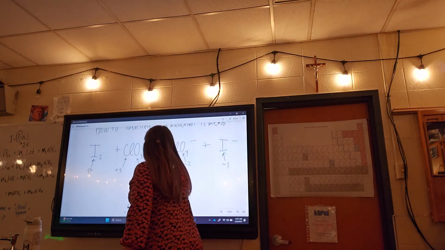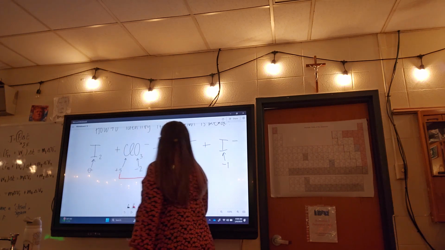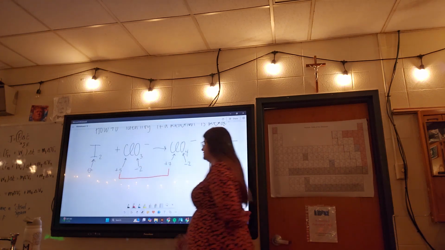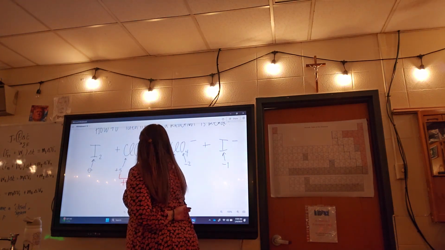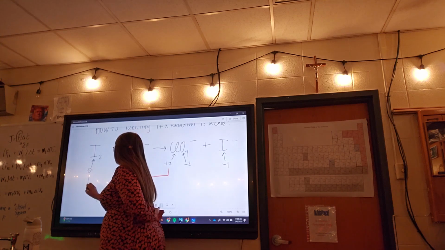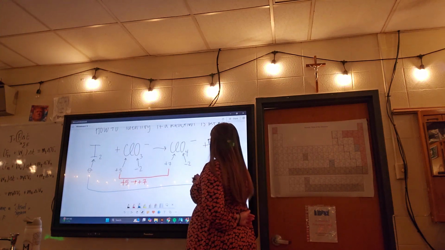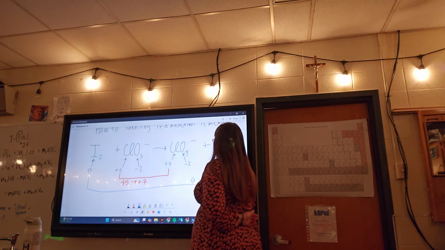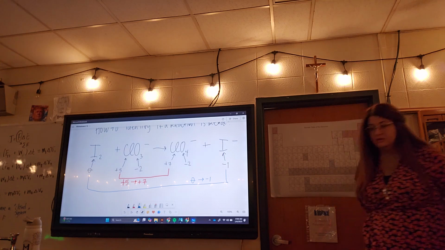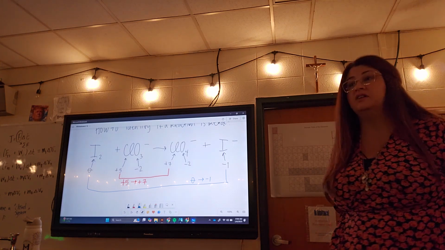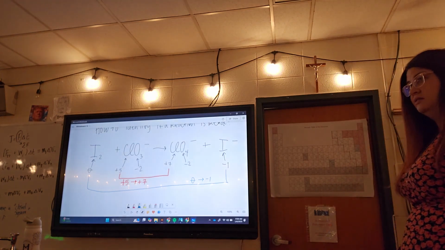But there are 2 that are changing. I see that chlorine is going from +5 to +7, and I see that iodine is going from 0 to -1. One of these two is getting oxidized and the other is being reduced. So we have to decide what that is.